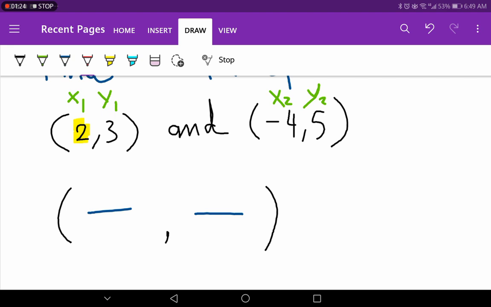I add the x coordinates of the 2 points, x1 plus x2 over 2, and the second coordinate is coming from the y's, so y1 plus y2 over 2. Easy, I know you know, just to remind you.